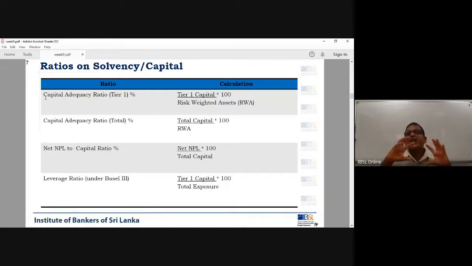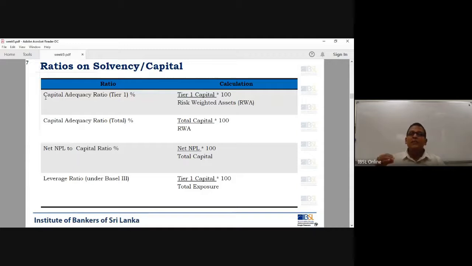Likewise, it is high quality capital they call tier 1 capital, and they say you must maintain 5% as tier 1 capital. In that scenario, if the risk-weighted assets are 100 million, they have to keep 5 million as tier 1 capital.